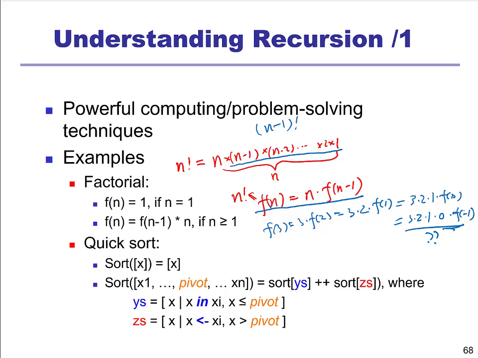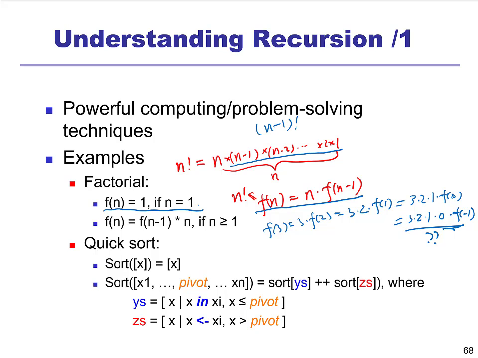Because 0 multiplied by anything equals 0. So the problem here is that this recursion has to stop at some point. And this stop point is defined as the base case.